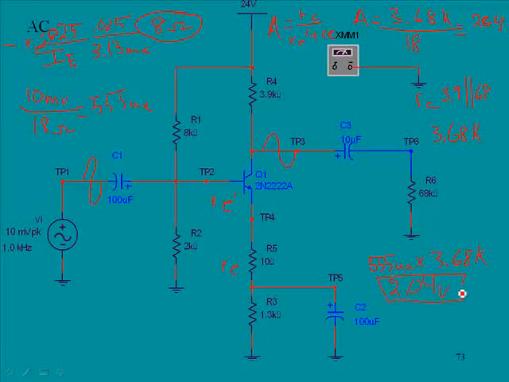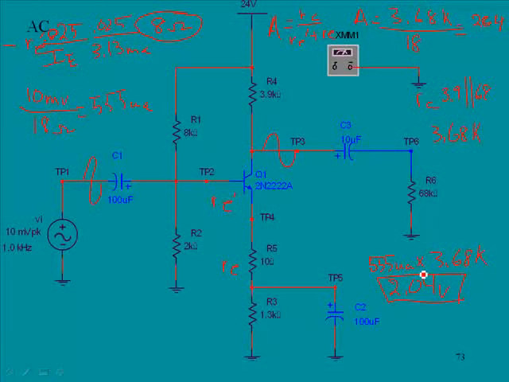Now, interestingly enough, if you took 204 times the 10 millivolts, that's the same value that you would get. So this is an overview of where these values come from.